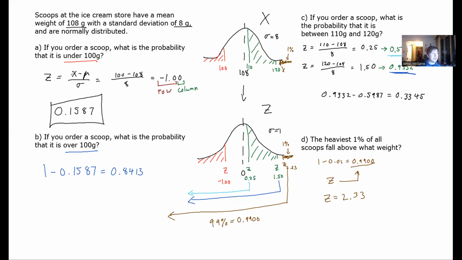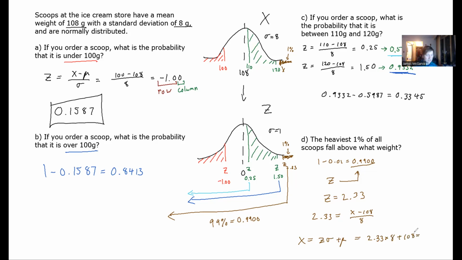We convert up to get x by using the same formula. I could write 2.33 is equal to x minus 108 over 8 and do some algebra, but it's not necessary to do algebra because on your formula sheet, they already have done the algebra for you, and they're giving you the rearranged version of this, which is that x is equal to z times the standard deviation plus the mean. So in our case, it's going to be 2.33 times 8 plus 108.